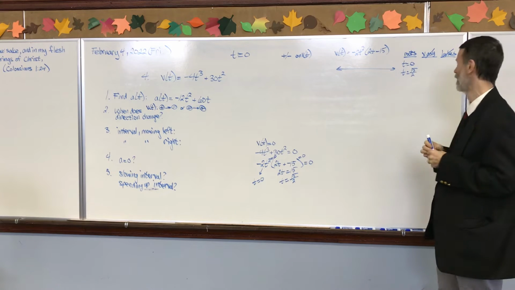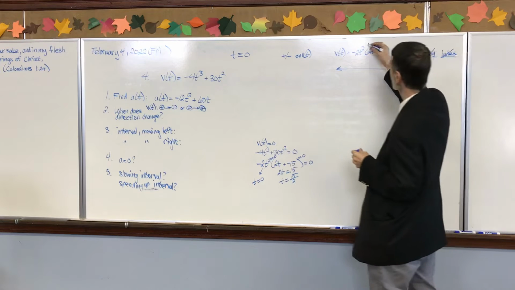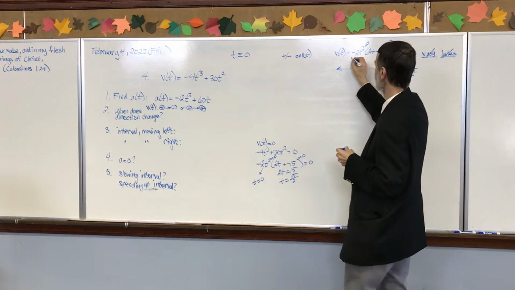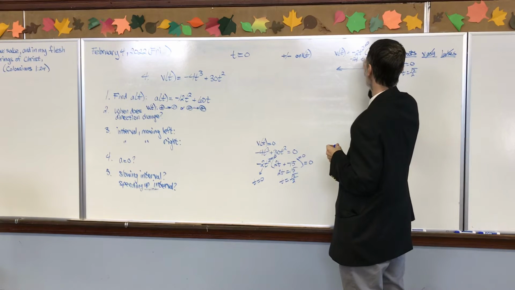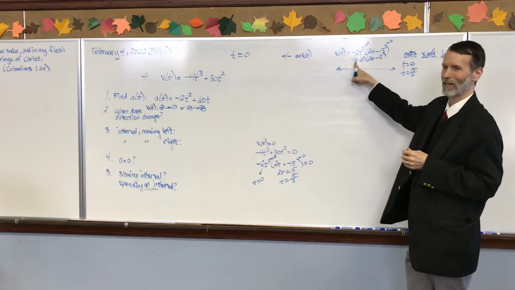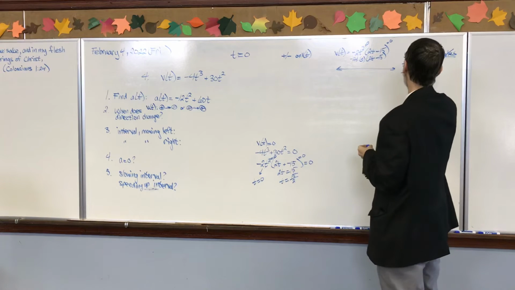Oh, it's single, right? For t equals 0. So what we're doing is setting these equal to 0. Technically, we could have done this: negative 2t times t times 2t minus 15. What root would this give you? It's a double root, because there's two roots at 0.